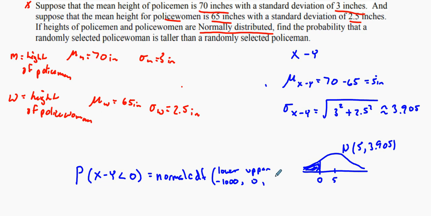We have a mean of x minus y, which equals 5, and a standard deviation of x minus y, which equals 3.905. That's our 0, that's our 5, and we put this on our calculator.